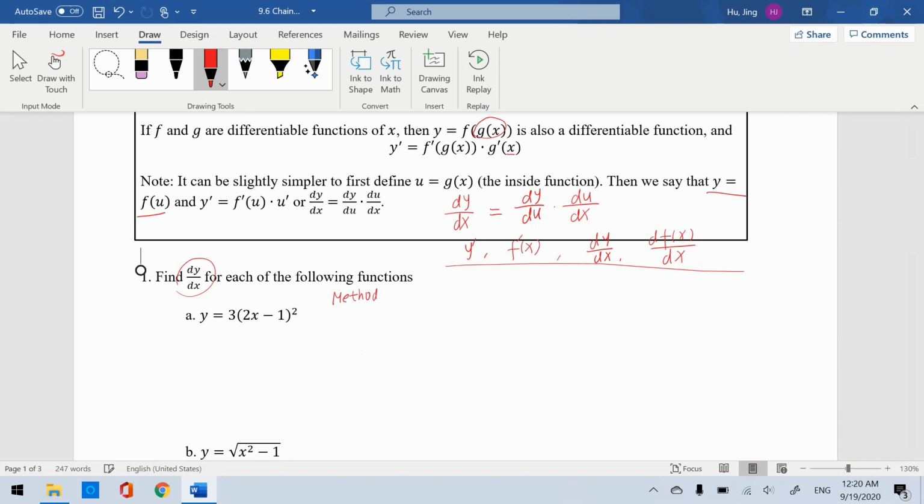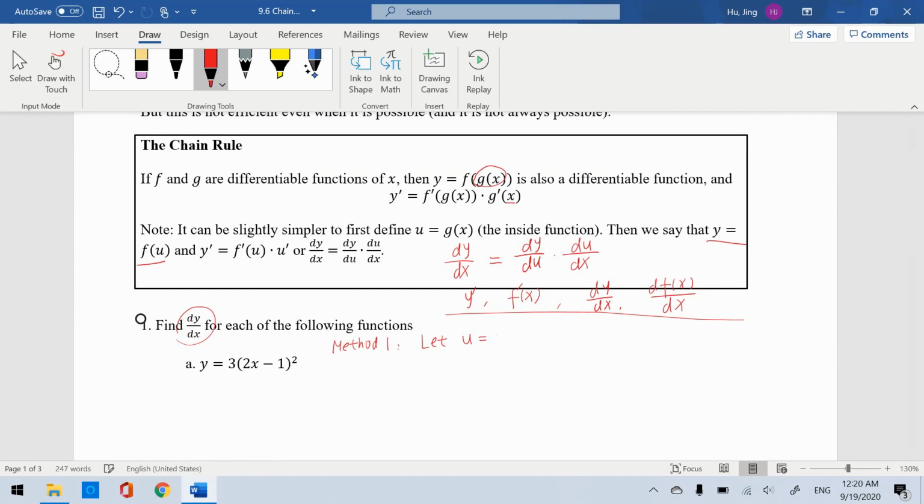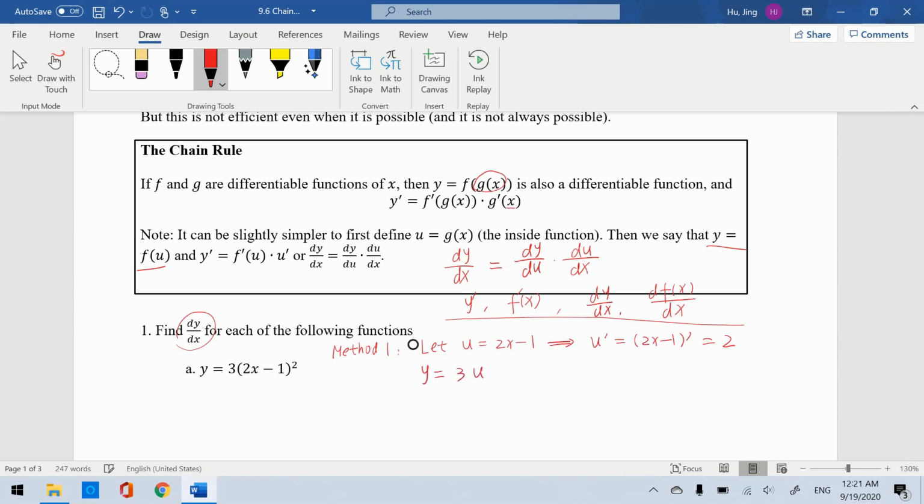Method 1 is really based on the definition of the chain rule. So let u equal 2x minus 1. Now you get u prime: 2x minus 1 prime is 2. Since u is 2x minus 1, y is 3u squared.